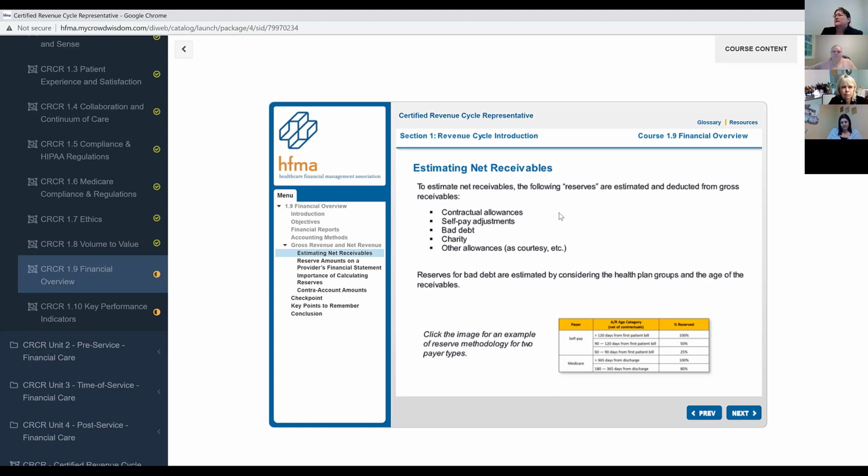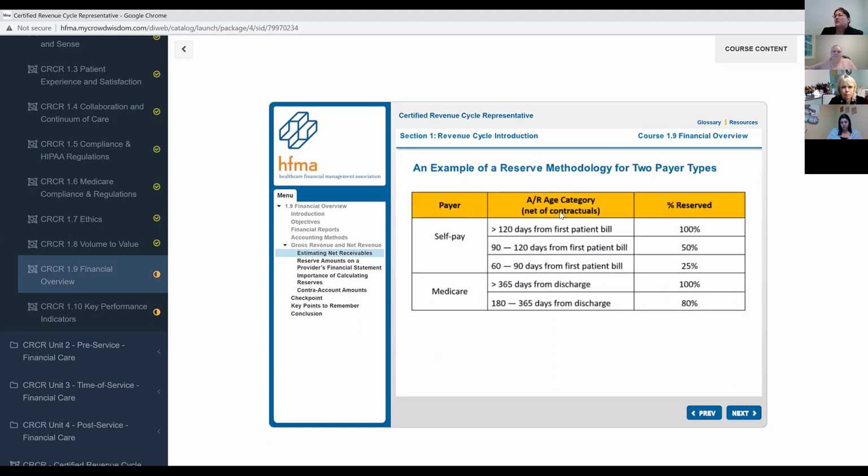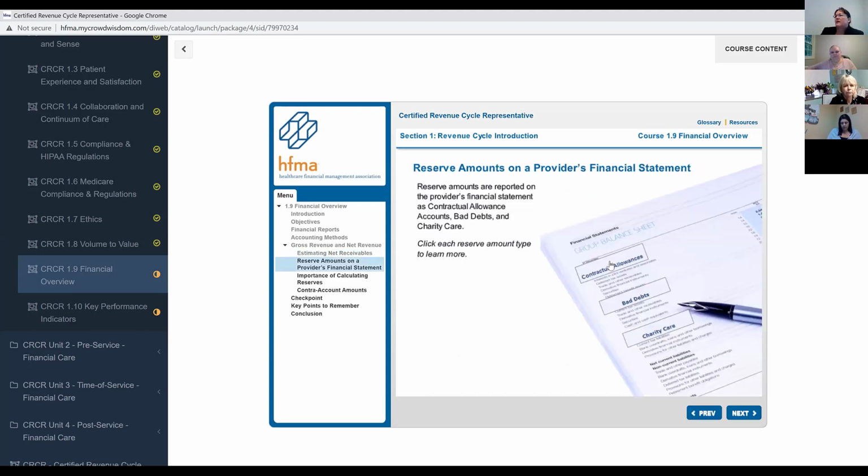And how are the reserves noted on the balance sheet? You have your contractual allowance accounts, your bad debt reserve accounts, and your charity care accounts. So the contractual adjustments are in the same manner as on the income statement. You have your gross AR that gets recorded, and then any adjustments generated by the system would reduce that number.